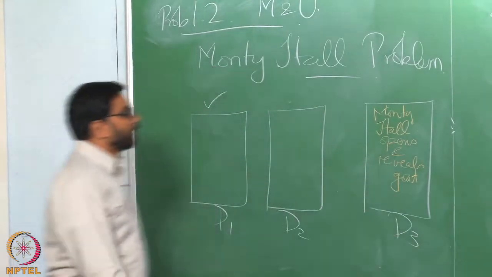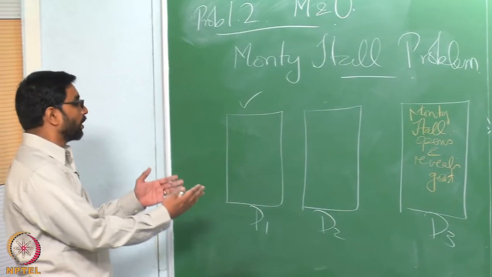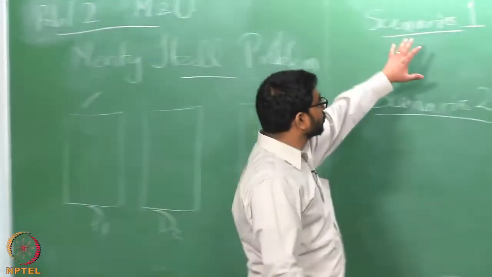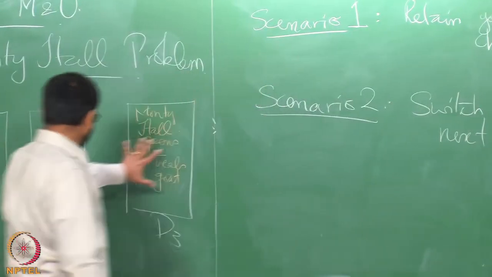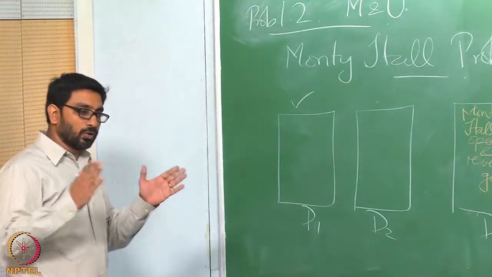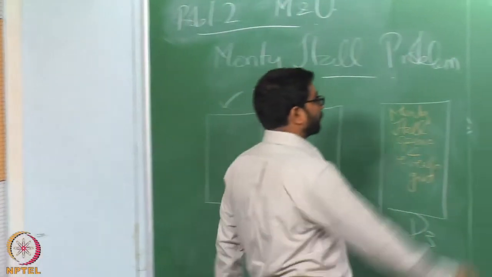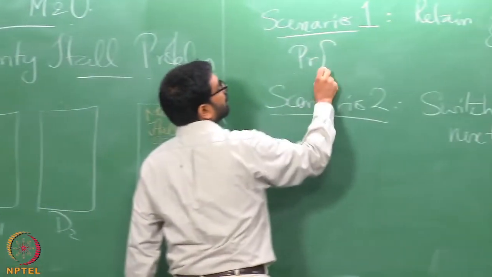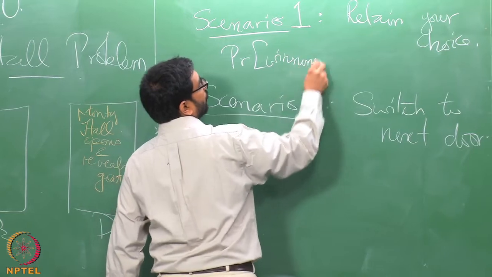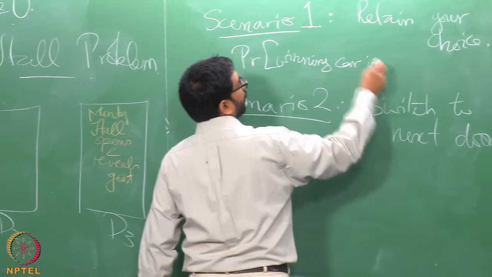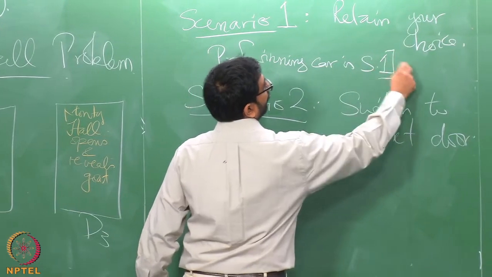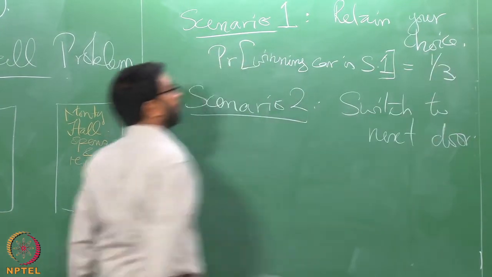If you think about it, in scenario 1, you are going to choose a door uniformly at random between D1, D2 and D3, and you are going to stick to that. So, the probability of a car in scenario 1 equals 1/3.